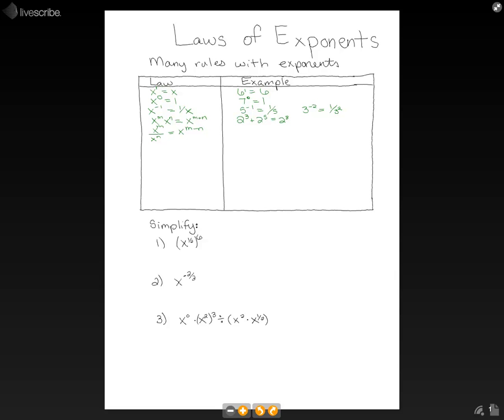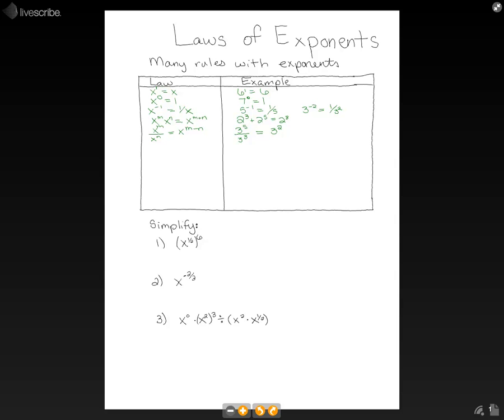An example of this would be 3 to the fifth divided by 3 to the third is going to equal 3 squared, because 5 minus 3 gives us 2. If you actually write these out too, they make a lot more sense, because you can see how things will cancel between numerators and denominators.